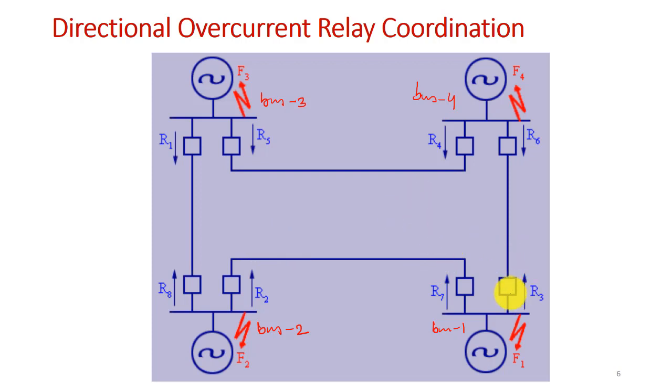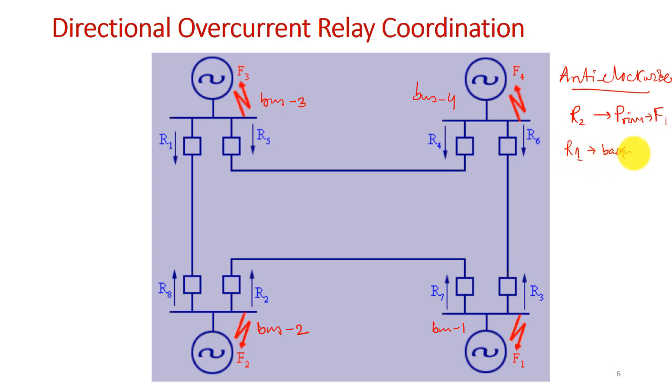So let us see how we can do this. Let us consider fault at bus 1, F1. Now R2 will act as primary relay for F1, right? In anti-clockwise direction, R2 will be acting as primary protection for F1, and to R2, R1 will be the backup protection.